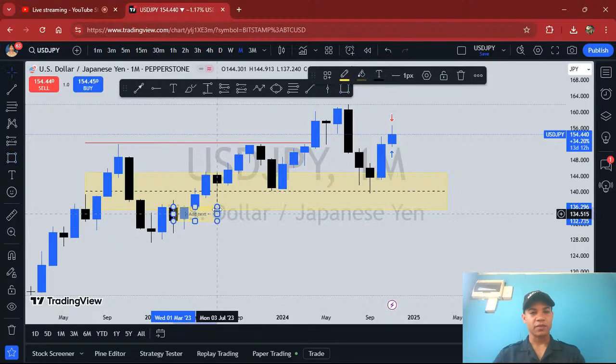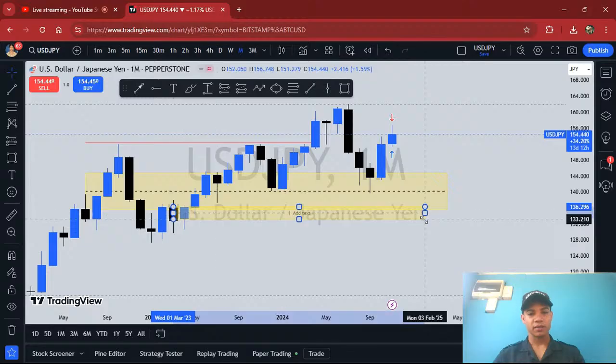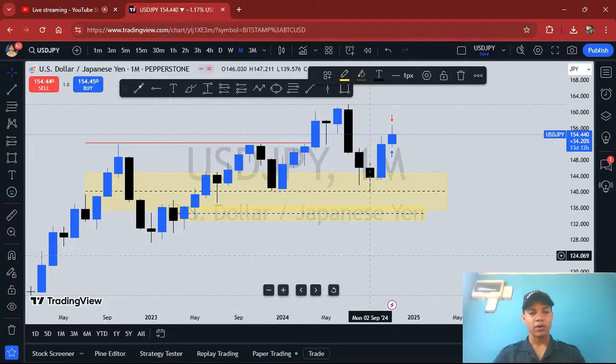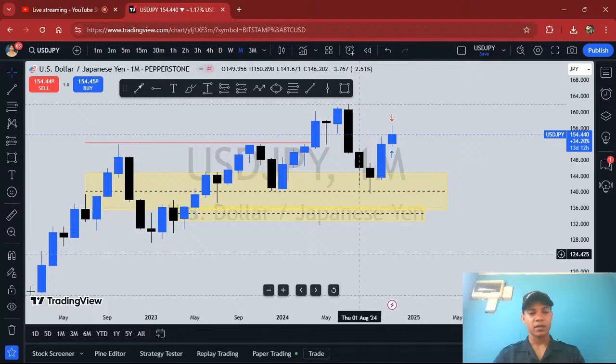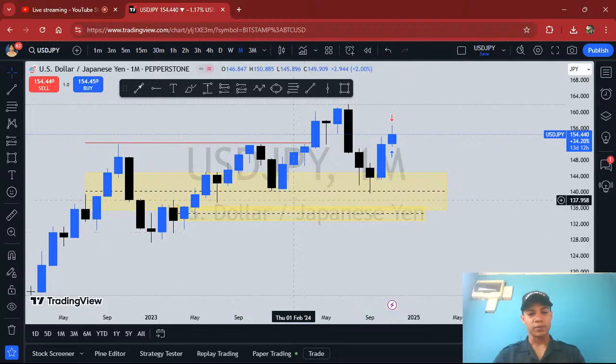And we've also got this monthly order block down here that price could definitely also make use of, because we've got this liquidity here. We've got liquidity over here as well.